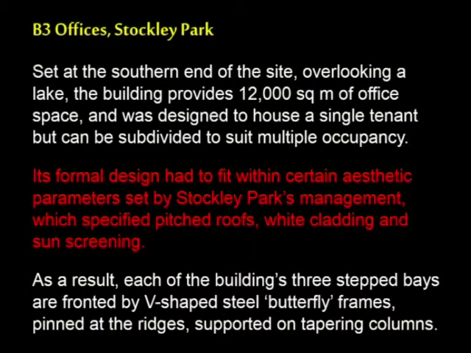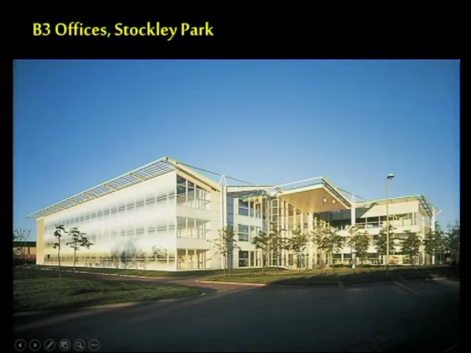Here, we see that the management themselves have given specification for 3 important things. They had given certain aesthetic rules for designing the building. They had specified pitched roofs, white cladding, and sunscreening. Remember, pitched roofs, white cladding, sunscreening, all that you see in the building.